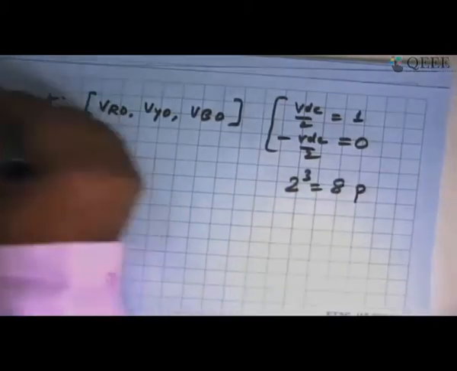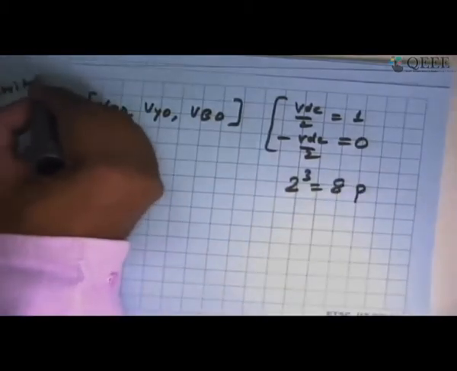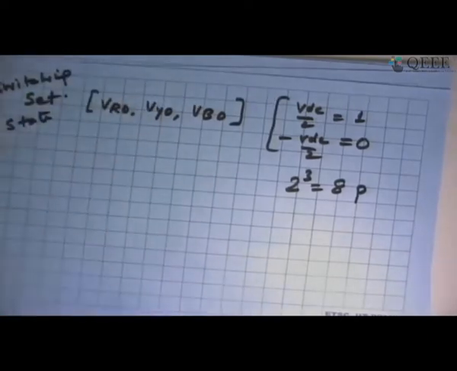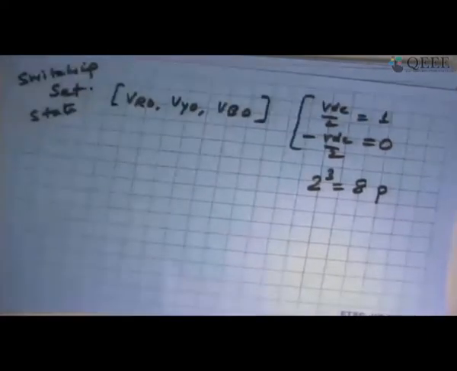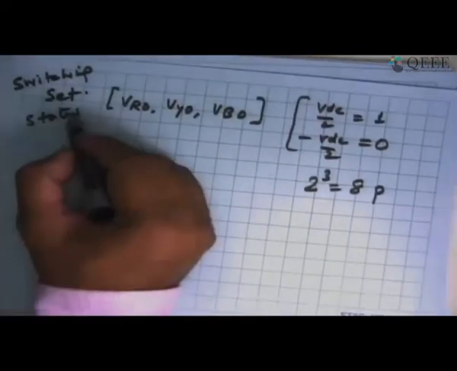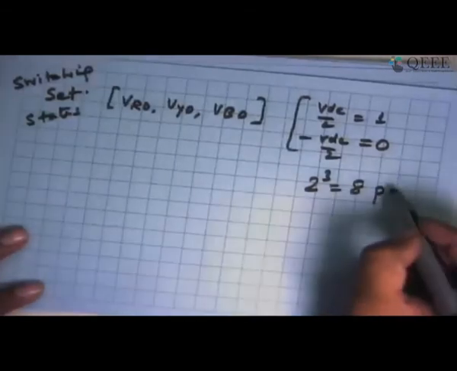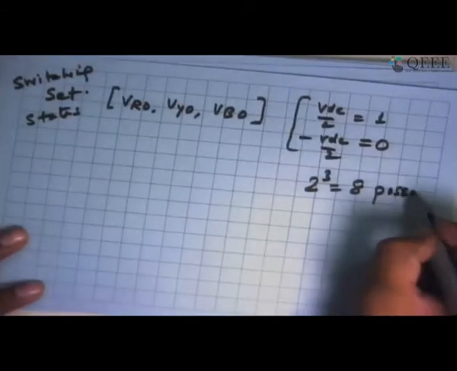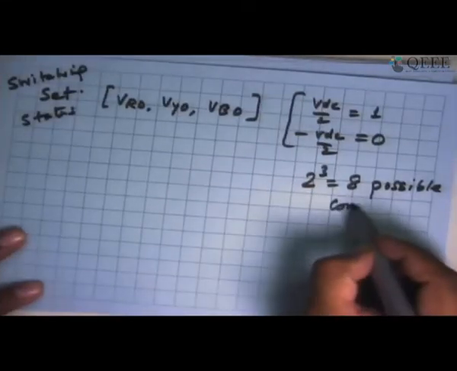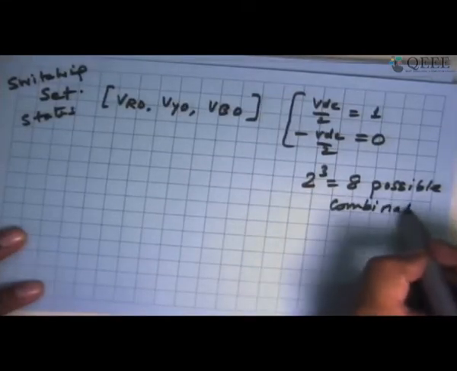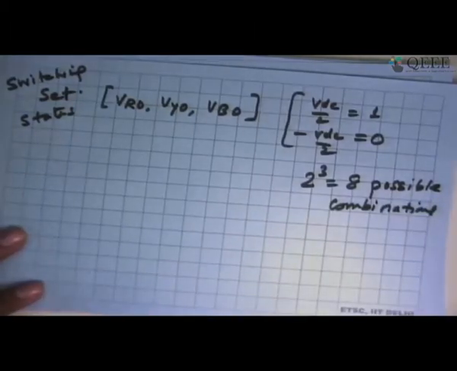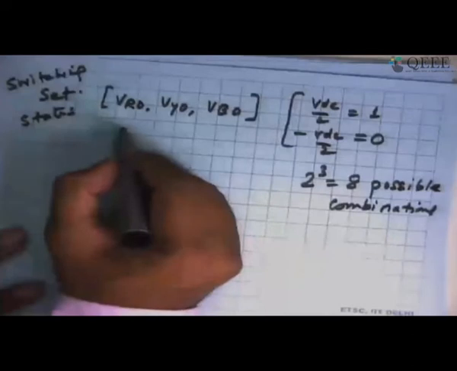It's called the switching state set. So basically it's a set of switching states. We can have 8 possible combinations. What are they?